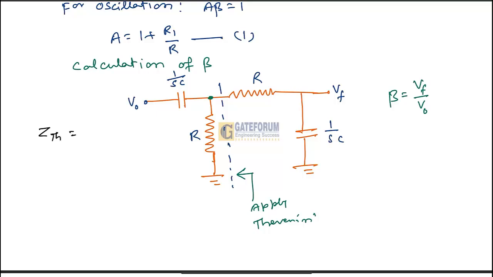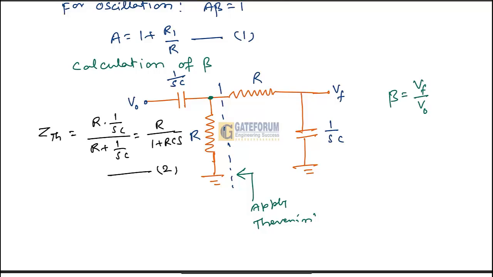This will be R into 1 by SC divided by R plus 1 by SC, which gives R divided by 1 plus RCS. Let's call this equation number 2.